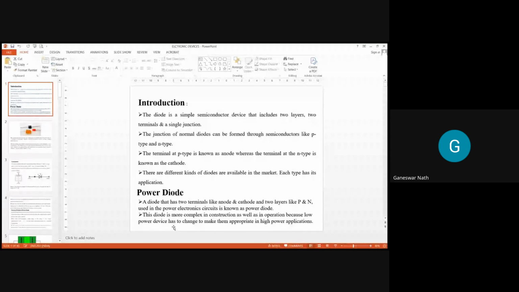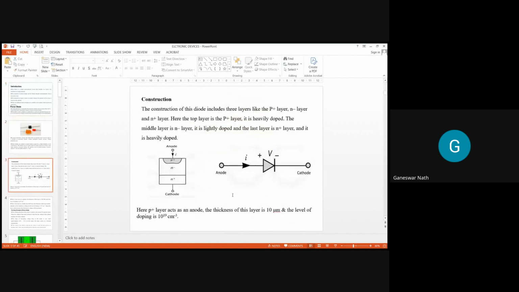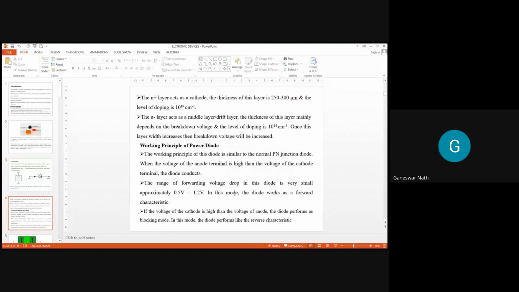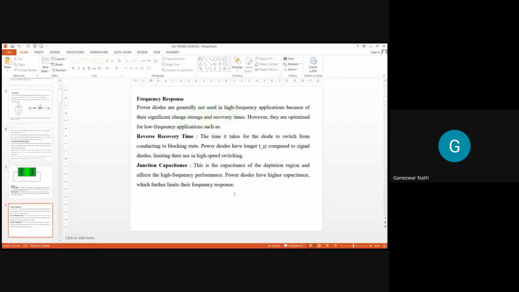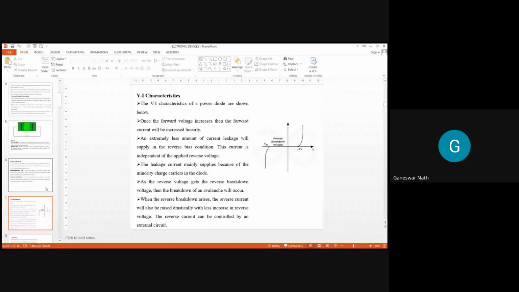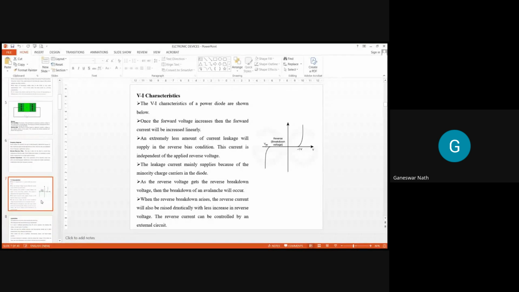In this introductory class I'll start with the different power devices: power diode, LEDs, their construction, details and working principles. I'll give a brief idea, and if you have any doubt you can ask me.